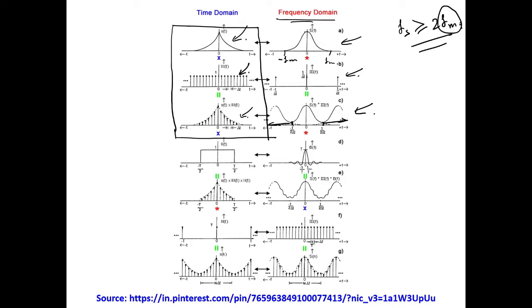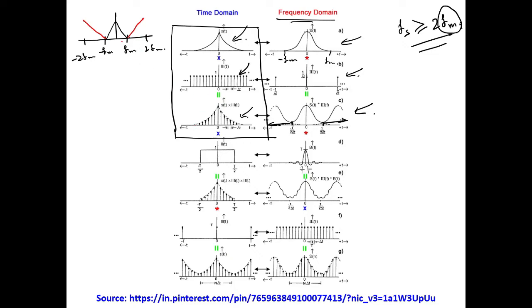I will give you a simple example. Suppose this is the bandwidth, minus Fm to Fm. Then we have minus 2 Fm and 2 Fm. After you sample it, this frequency component starts repeating itself.